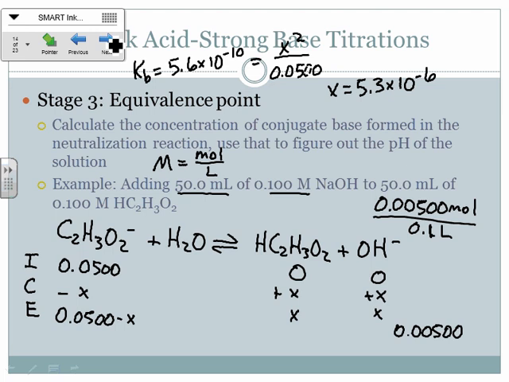So we have a little bit of extra OH minus being made now because we made a weak base in that solution, ultimately. And so then if you take the negative log of that number, that's going to give you your pOH, okay? Your pOH ends up being 5.28. So then the pH, just take 14 minus that. That's going to be 8.72.